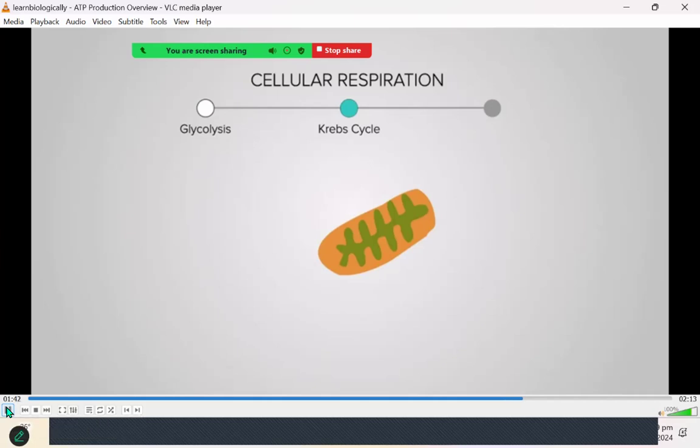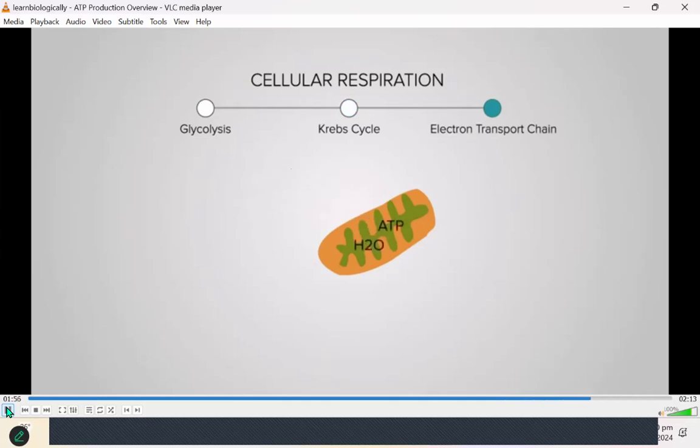The grand finale of cellular respiration is called the electron transport chain. Electrons that have been produced by the breakdown of glucose and stored in molecules called electron acceptors are used along with the oxygen we breathe in to produce 32 ATP and water.